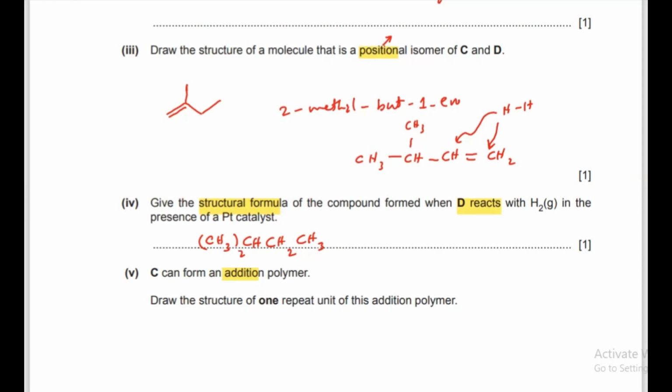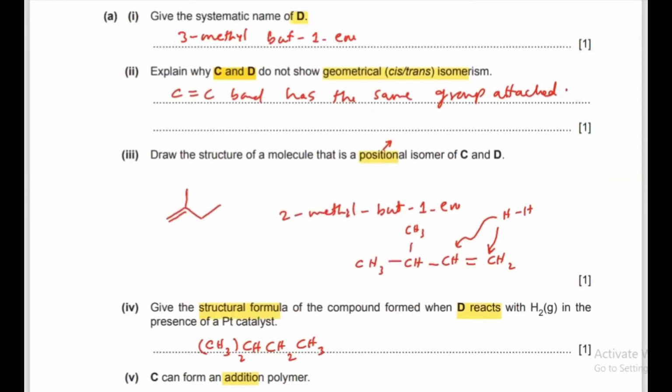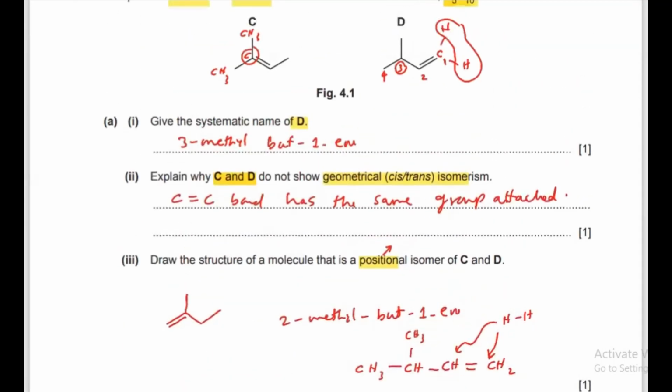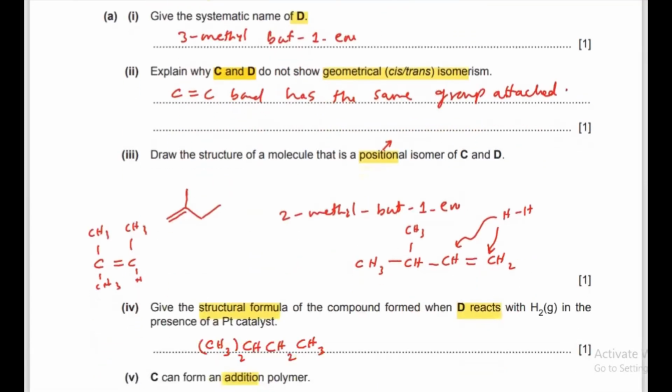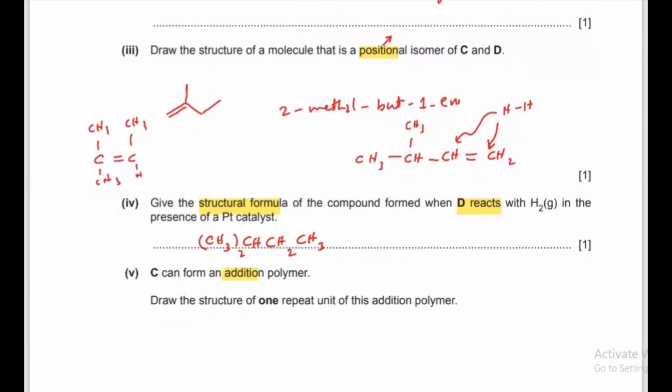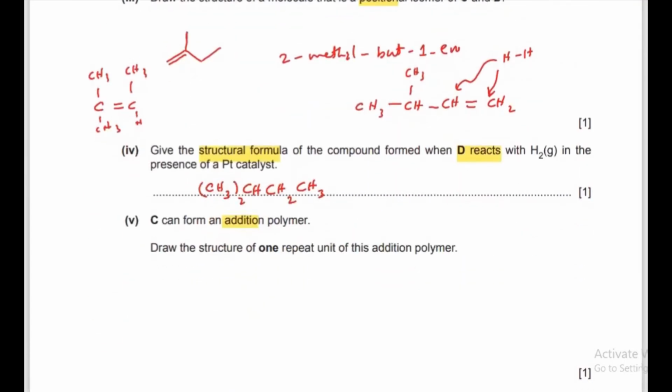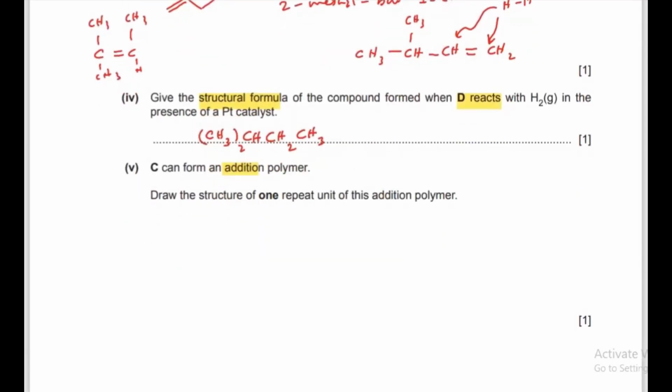Draw the structure of one repeat unit. So C is like this, C double bond C, and then CH3, and again CH3, and again CH3, and then H. So this is the structure of C. If we want to make the repeat unit of an addition polymer, just remove the double bond.